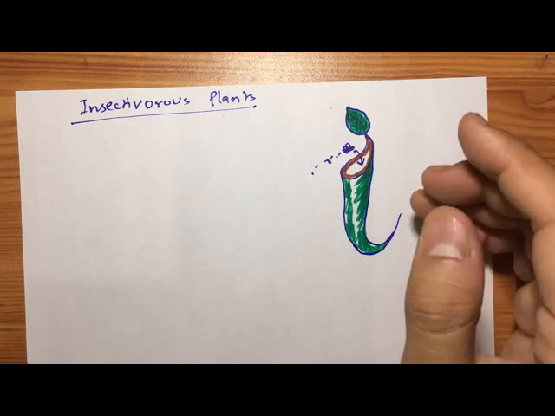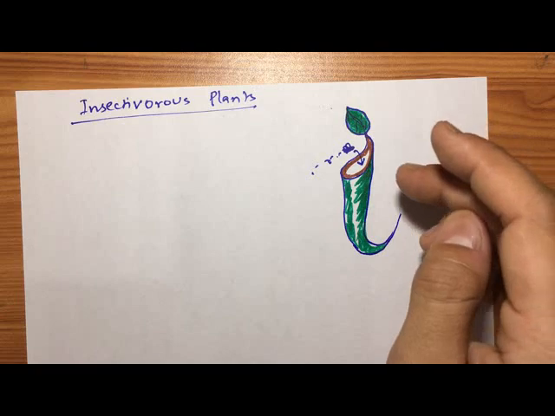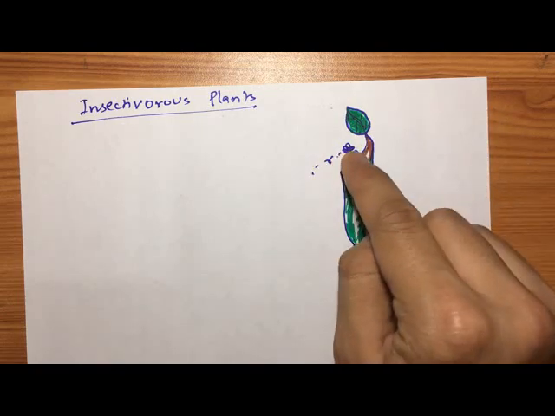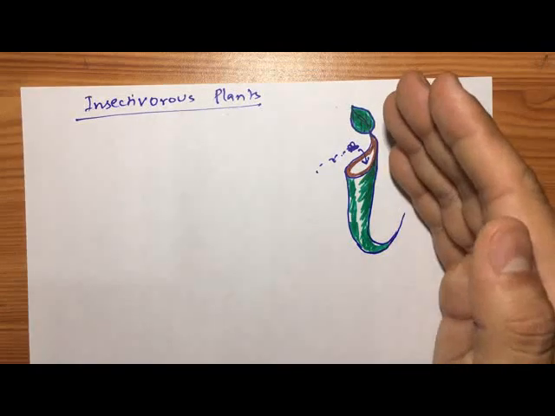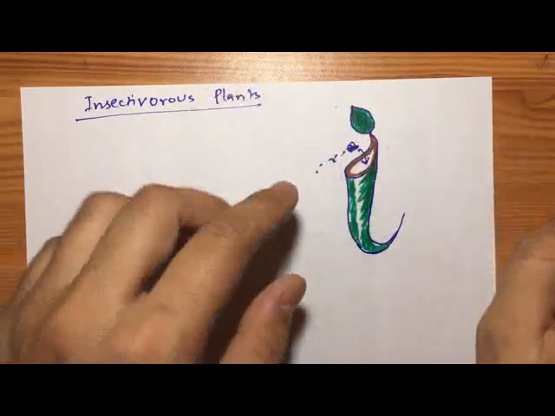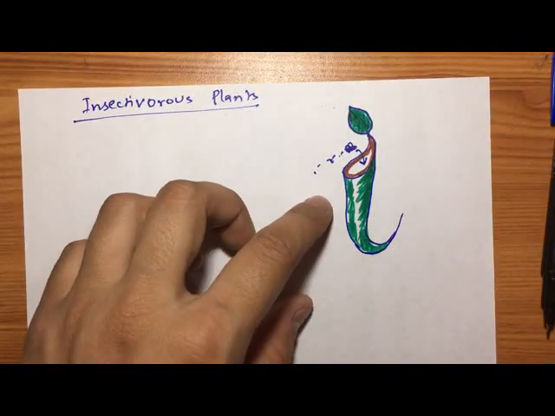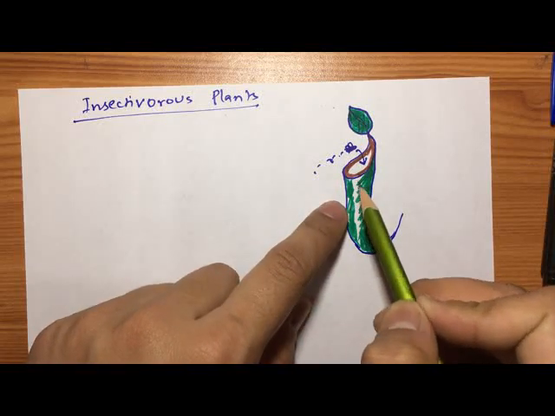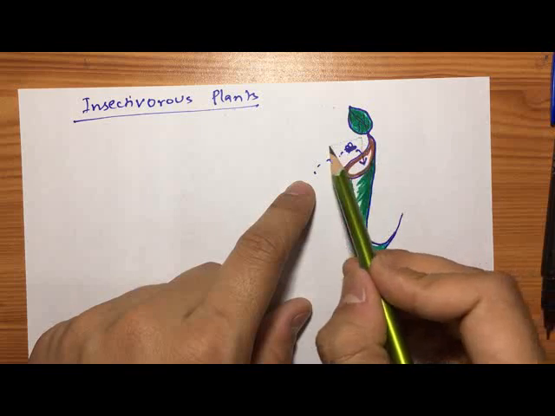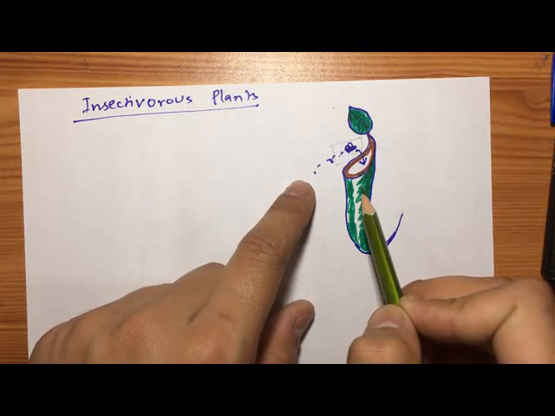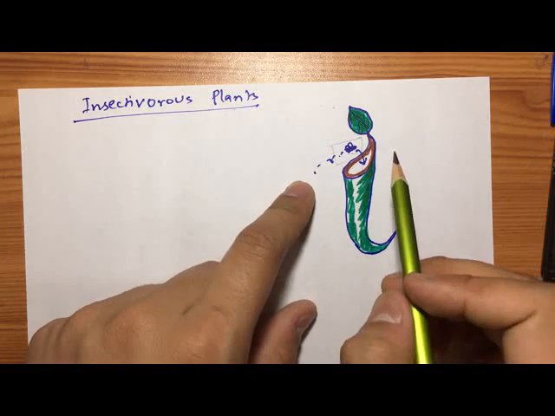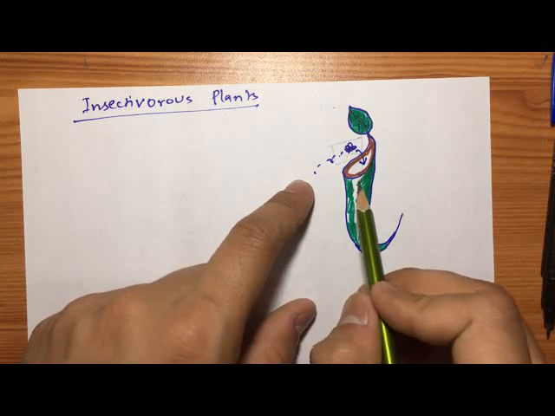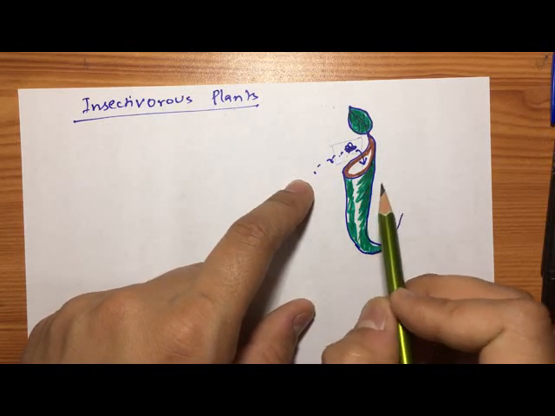Okay, so suppose that here an insect is coming, then after it enters, the leaf folds, and after that these insects get trapped in there. Okay, these insects get trapped in there and it dies, and it is digested by this pitcher plant.